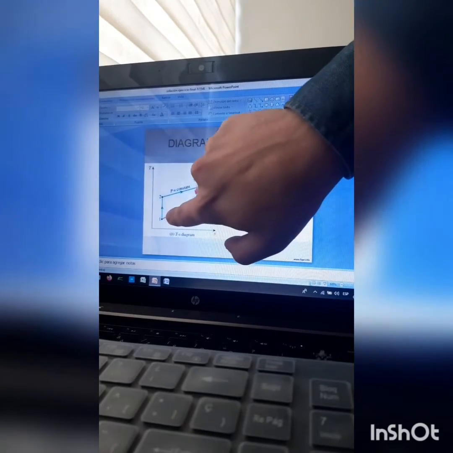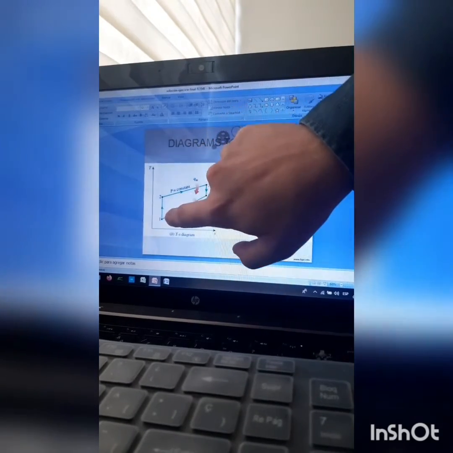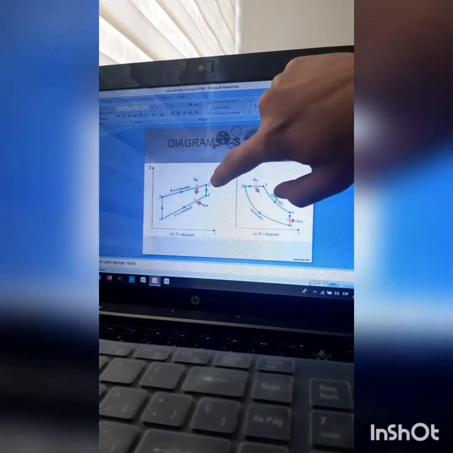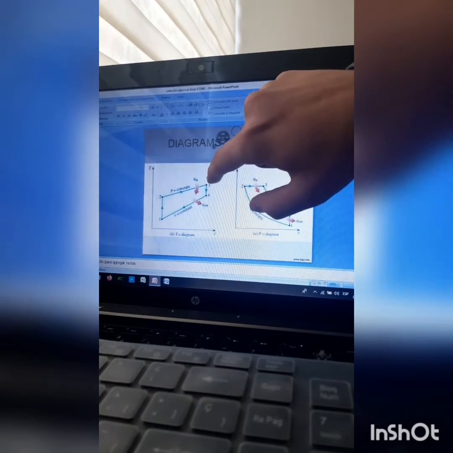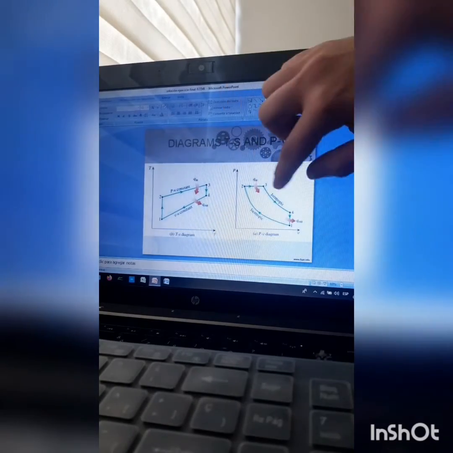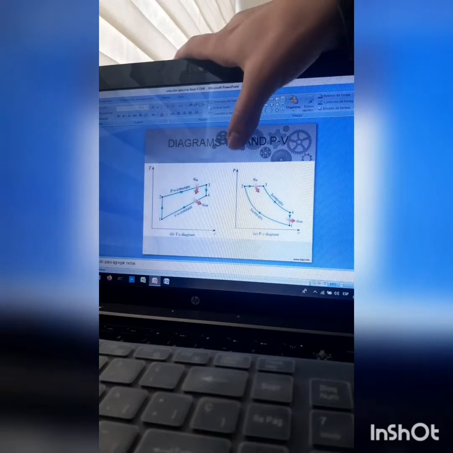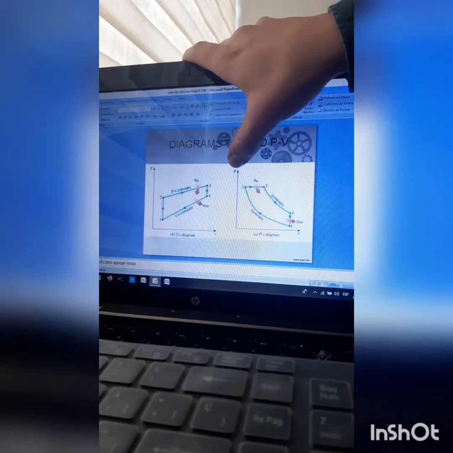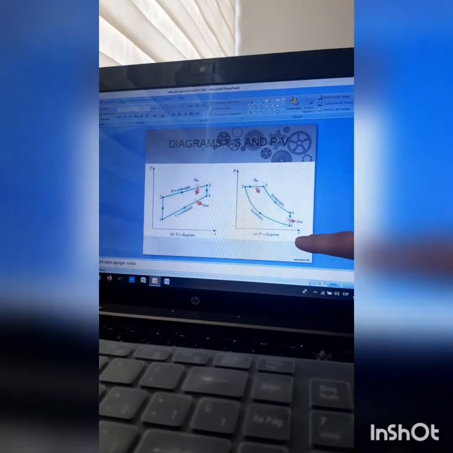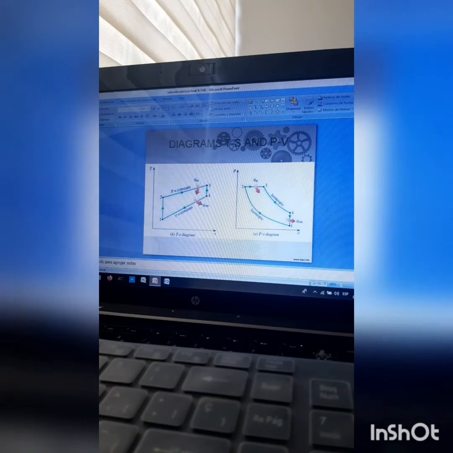In this part, we are going to talk about a compression process, and this one from 3 to 4 is an expansion process. This is similar, but the variables are pressure versus volume. These diagrams are very important because they basically summarize the problem.